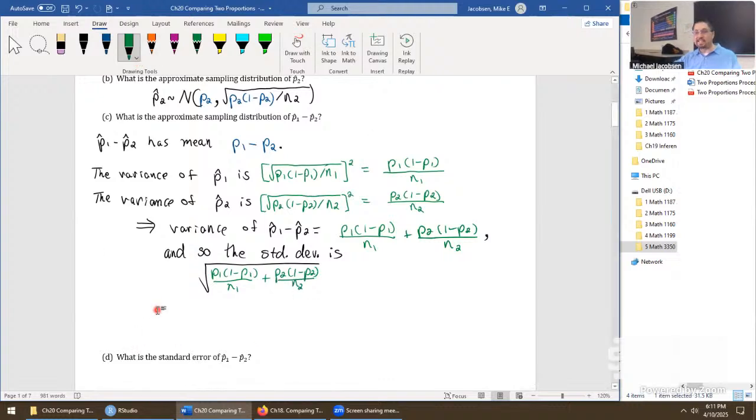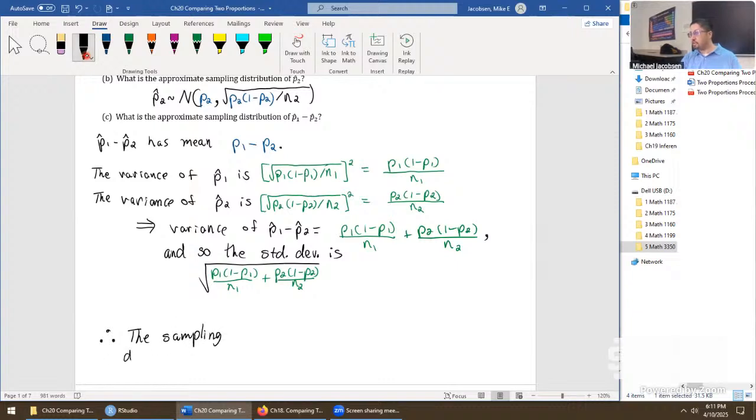And it's starting to get kind of messy, but categorical data is messy in a lot of different ways. Formulas being messy is just another manifestation of it. We're about ready to state our main conclusion. We can say, therefore, the sampling distribution of p hat 1 minus p hat 2 is distributed.